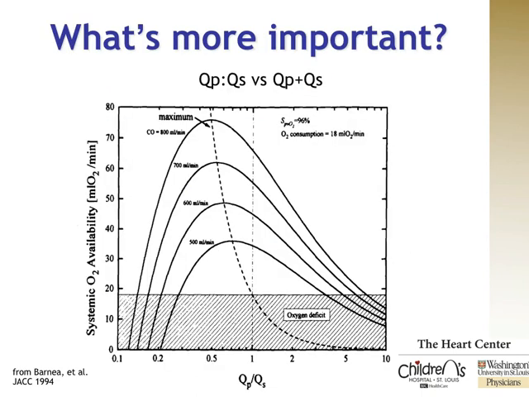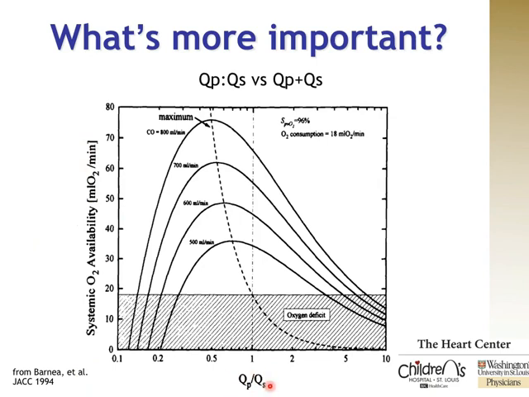So this is a helpful diagram that I like to use to explain how QP to QS ratio and total cardiac output, or QP plus QS, relate to one another. This is a diagram that was generated from a mathematical model of a single ventricle circulation. On the y-axis, we have systemic oxygen availability, which is oxygen delivery.